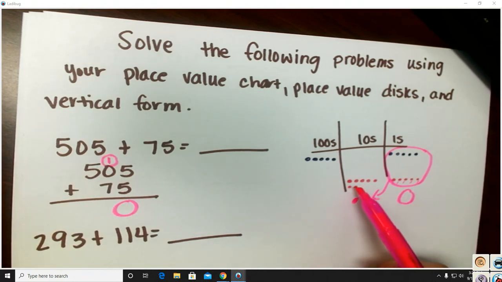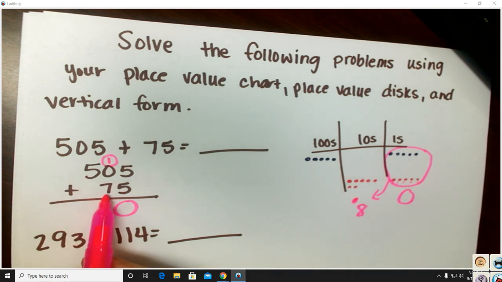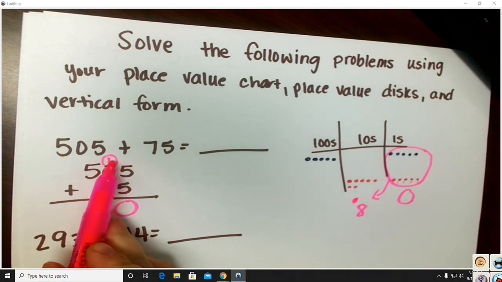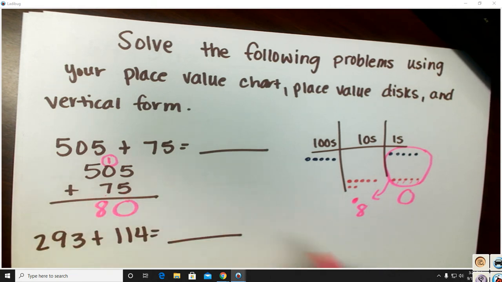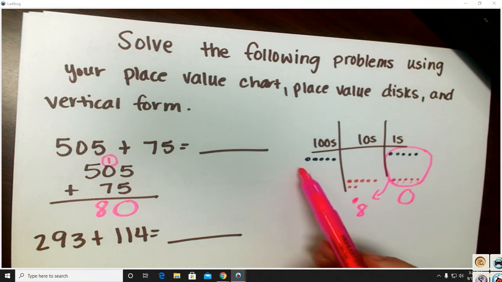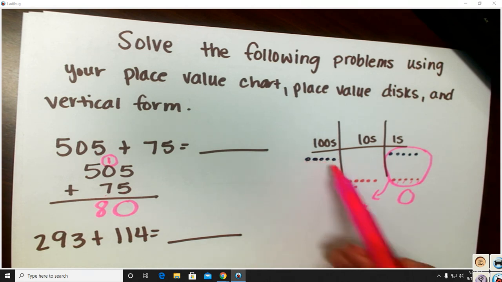So now I'm going to count my tens. 1, 2, 3, 4, 5, 6, 7, 8. So I have 8 tens. So I'm going to come over here and do 7 plus 0 is 7, plus 1 more is 8. And I don't have a bundle of tens, so I can't carry anything over. So I'm just going to count up my hundreds. 1, 2, 3, 4, 5.